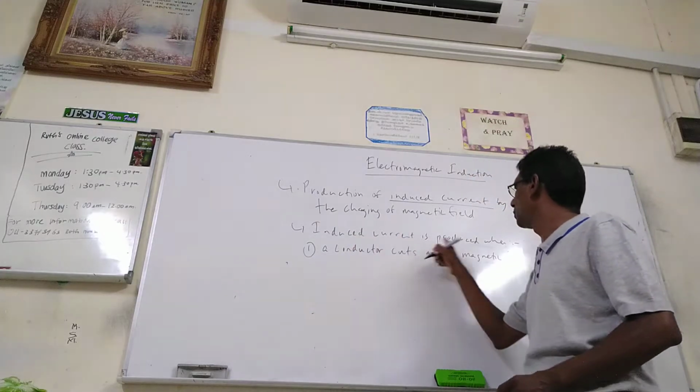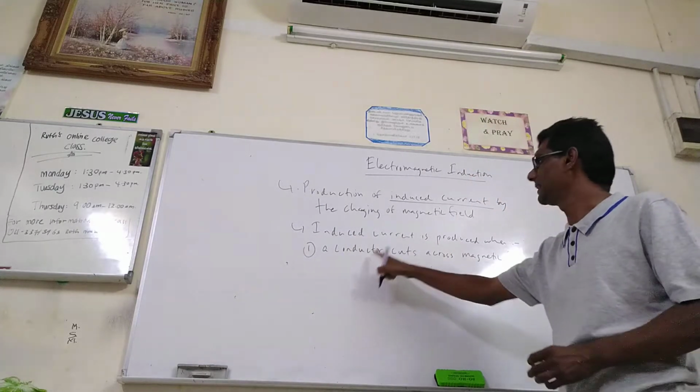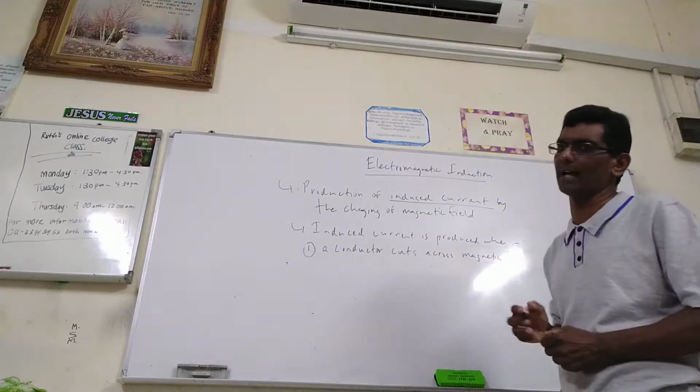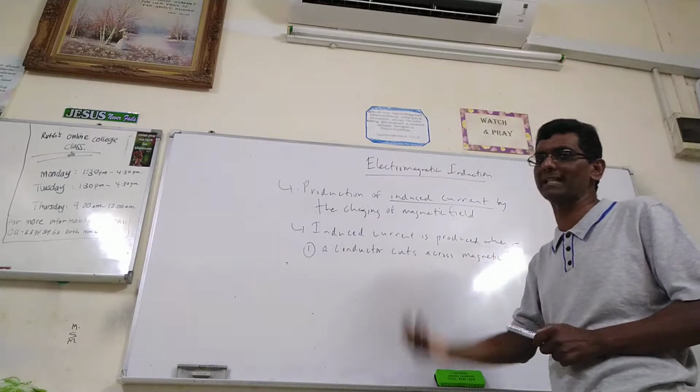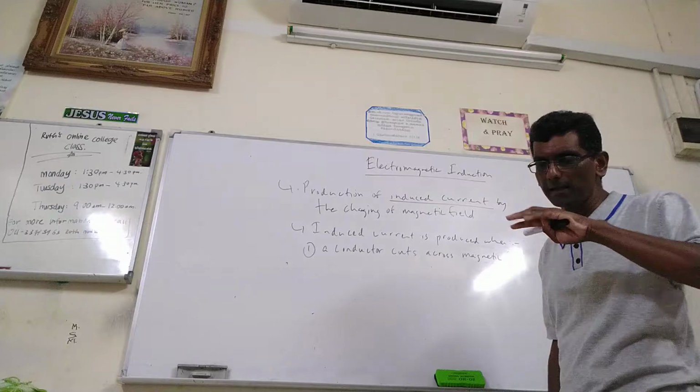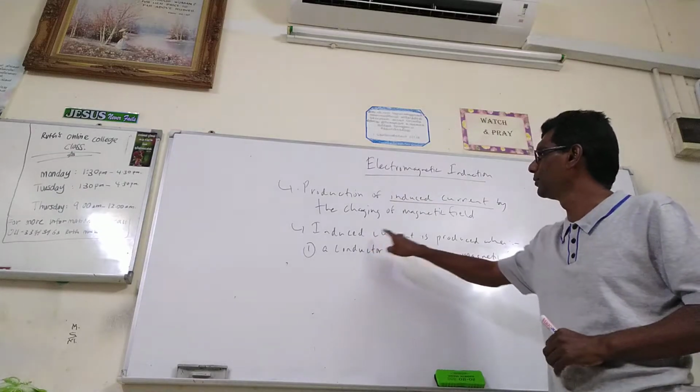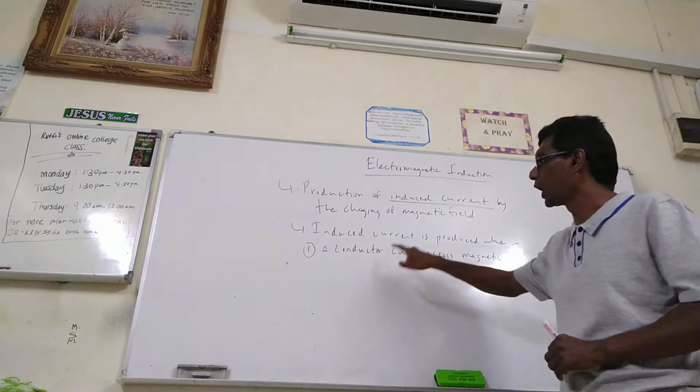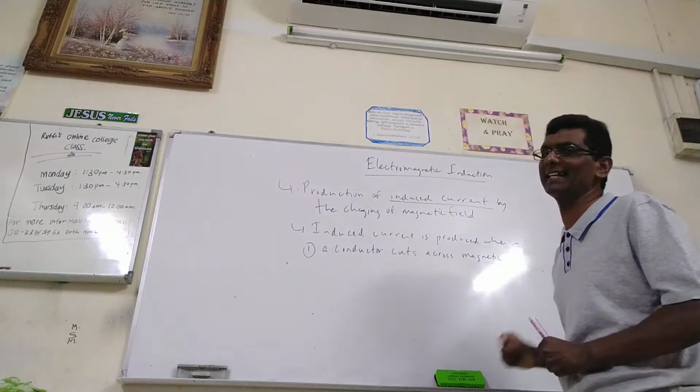Induced current is produced when a conductor cuts across magnetic flux. That is called induced current.